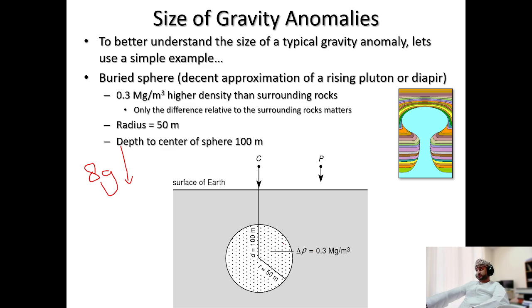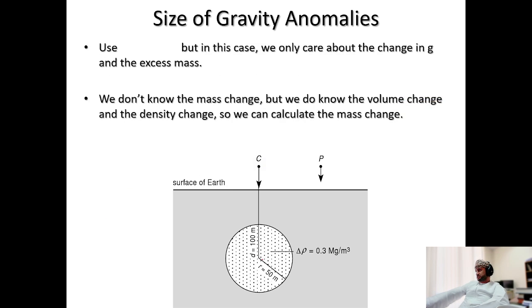What it means is that this body has a higher density than the surrounding by this specific value. So having these numbers, can I calculate delta G? If I measure at point C, how can I calculate the acceleration due to gravity based on this specific change in density?